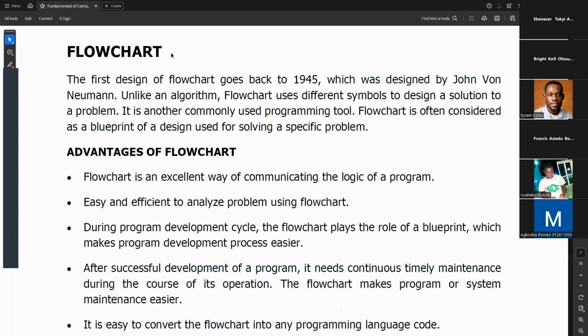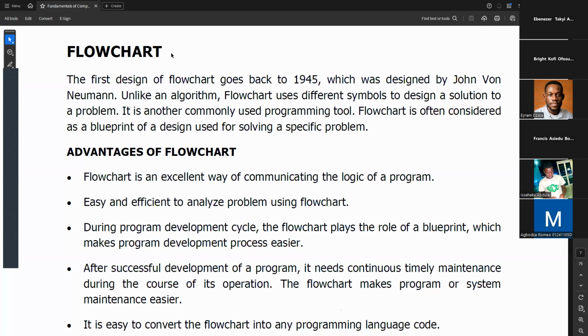So you need these things, the algorithm and flowcharts, to be able to appreciate what the actual outcome of your program will look like. Flowcharts are symbols used to design the solution to a problem.